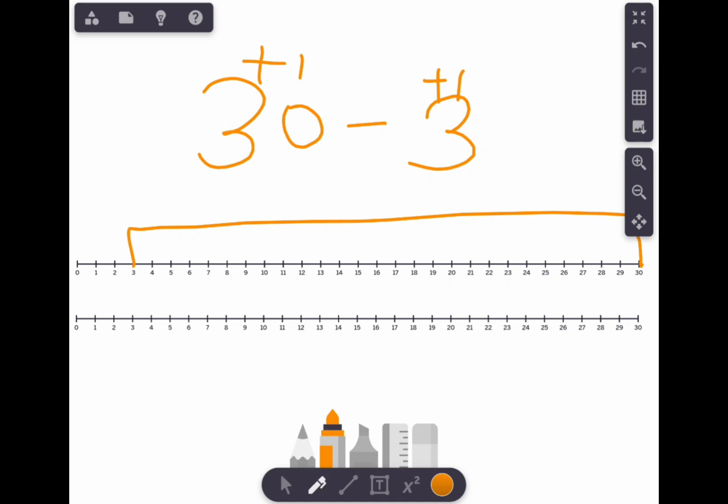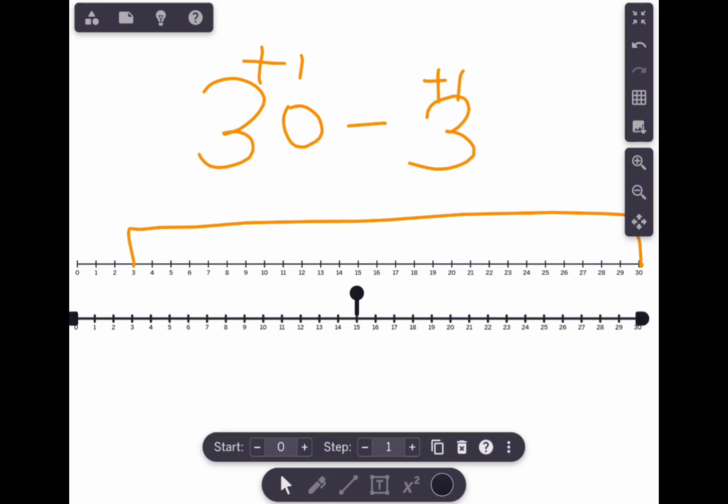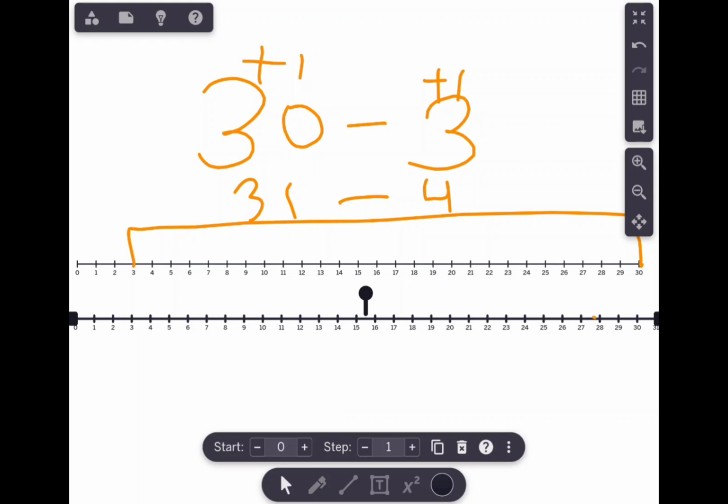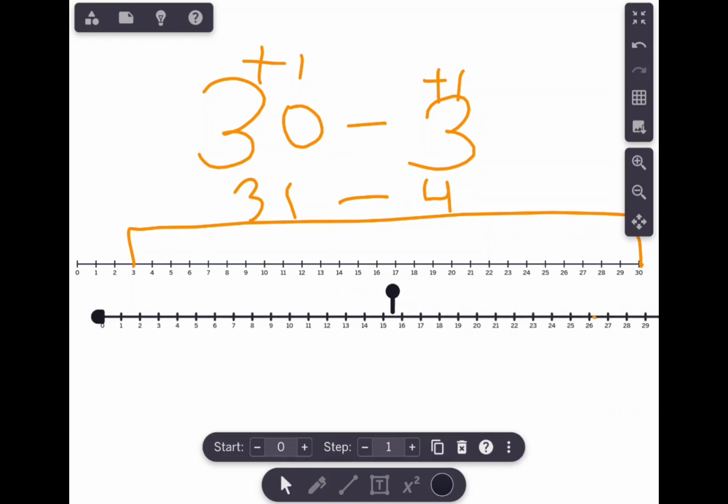So if I add 1 to 30, I would have 31 and 4. So I need to start at 4 and end up at 31. So I will adjust this other number line.